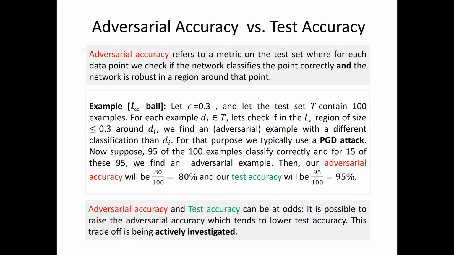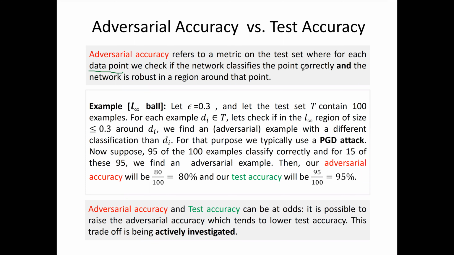Now, before we study these adversarial defenses and see the formulation, let's look at a couple of metrics here. We're specifically going to be looking at a metric called adversarial accuracy. Adversarial accuracy refers to a metric on the dataset, computed by taking a data point and checking if the neural network classifies the point correctly.